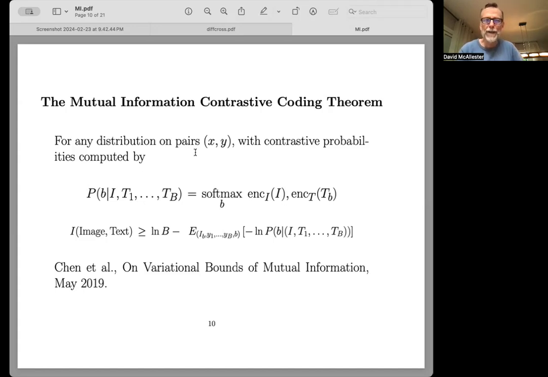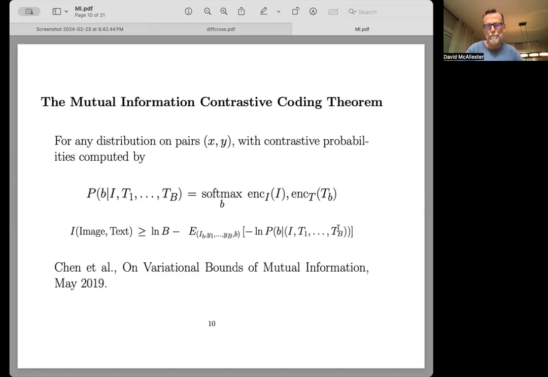So the theorem is that for any distribution on pairs XY, written here in terms of images and text, but really it works for any distribution on pairs XY. This is our loss.